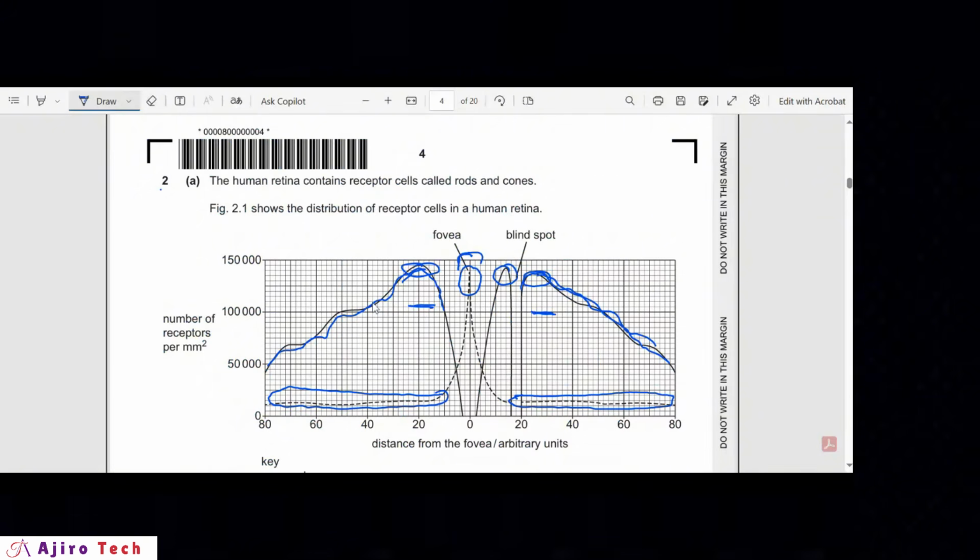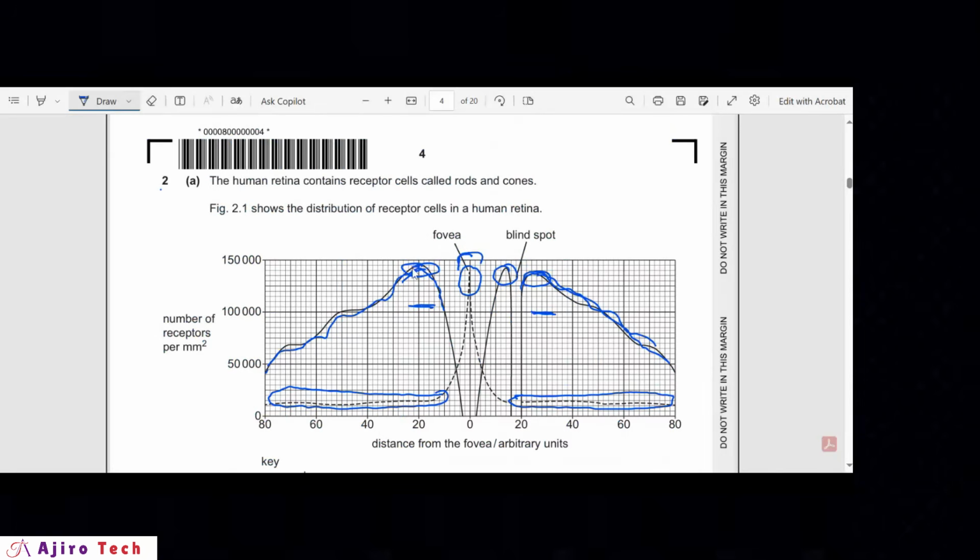And of course, when you look at the left-hand side of the fovea, rods are greater on the left-hand side of the fovea. Then you check the number of rods on the left-hand side of the fovea, from here down to this point.